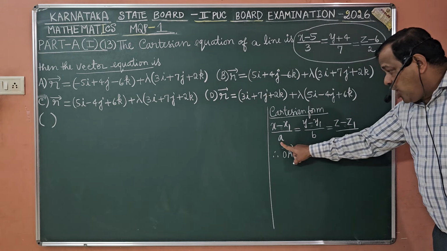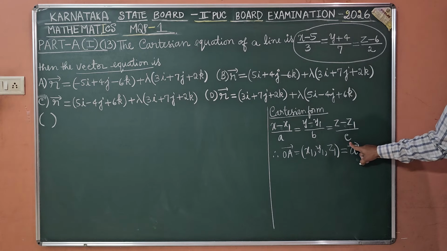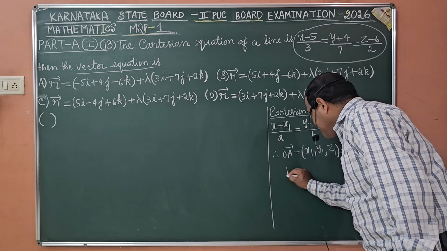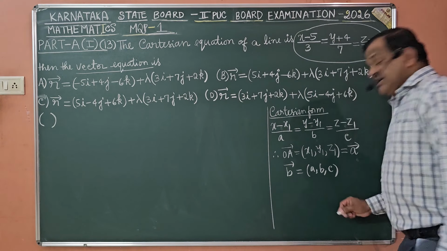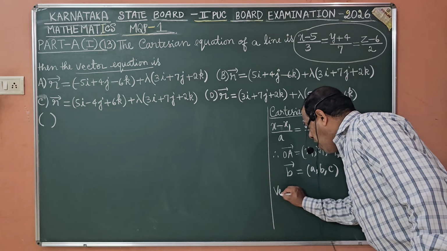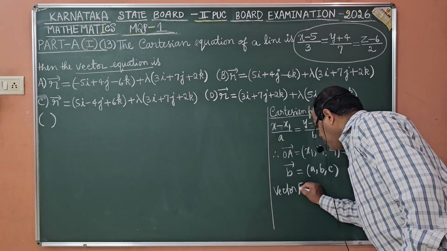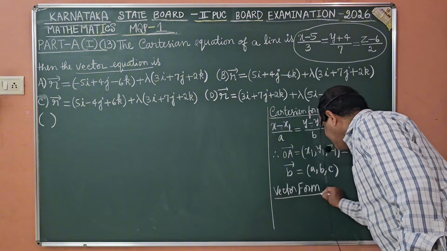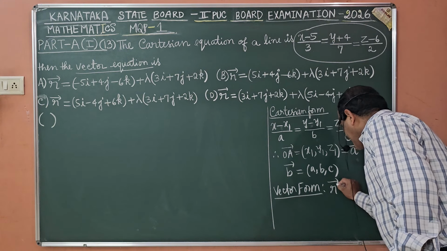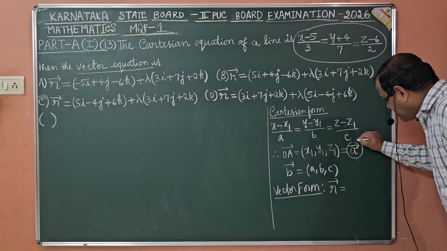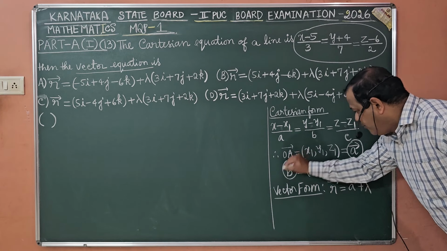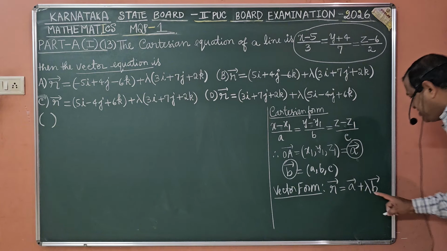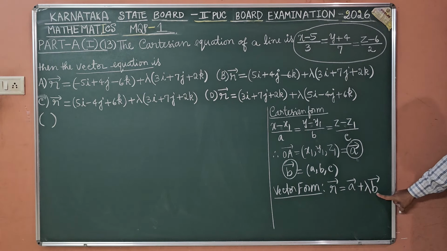And can you see the denominators a, b, c? These are the direction ratios of b vector. So I write small b vector is a, b, c, and thus the vector form of the equation of the line is r vector is equal to a vector plus lambda times b vector. This is the formula we need to convert into.